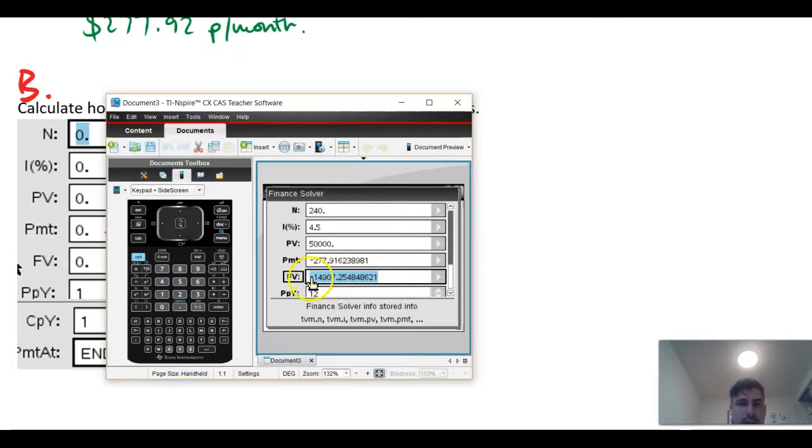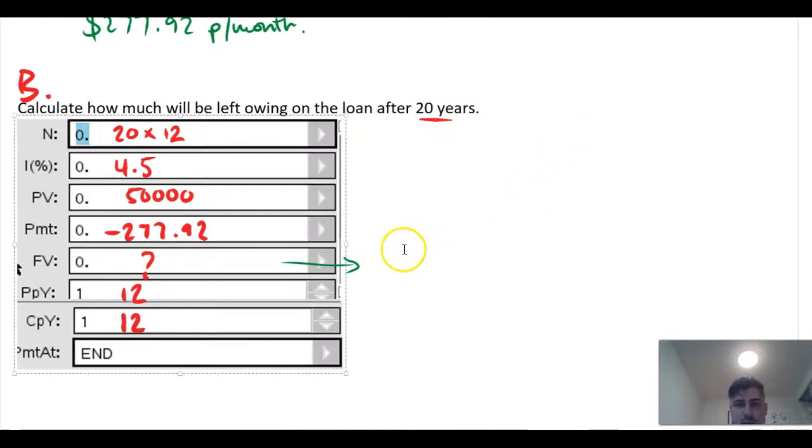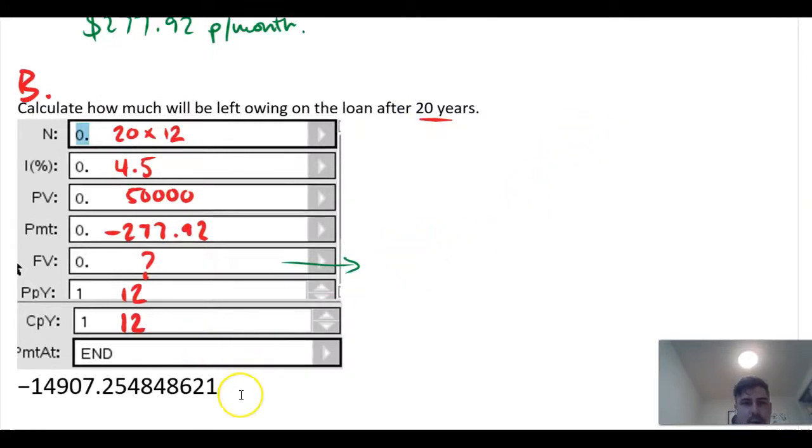So it's negative because that is due to leave the individual at some point. So the FV being negative means it's still owing. We'll make a note of that in a sec. So the value there, I'm just going to copy and paste that one, is minus 14907.25.